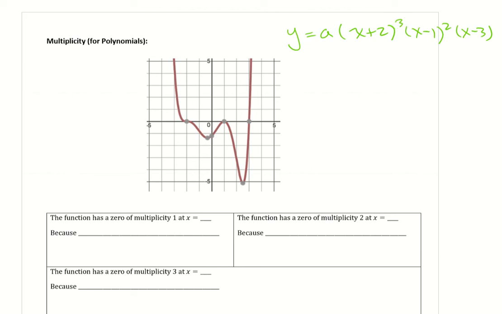So looking at this function, I kind of gave it away because I came up with the equation already, but the first part says this function has a 0 of multiplicity 1 at x equals... So we know that this is the factor of multiplicity 1, right? So that's going to be right here. This is at x equals 3.